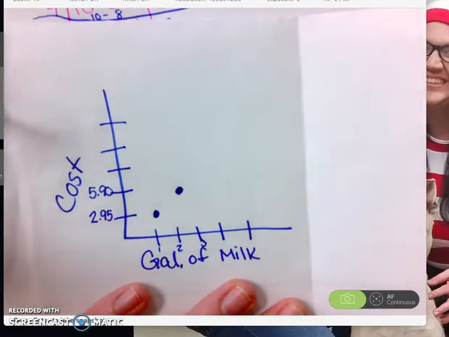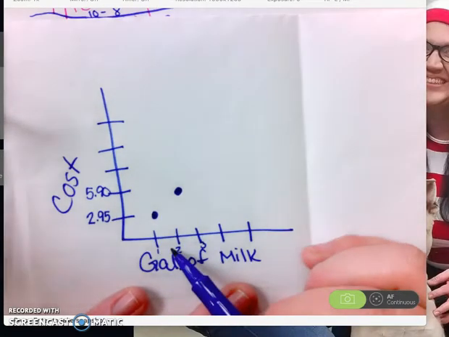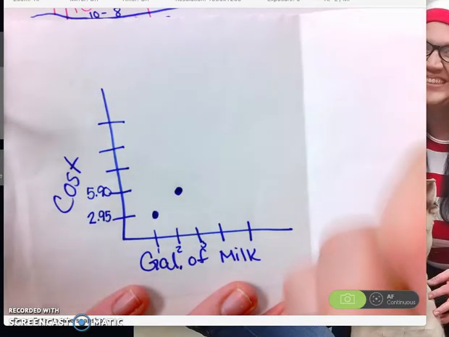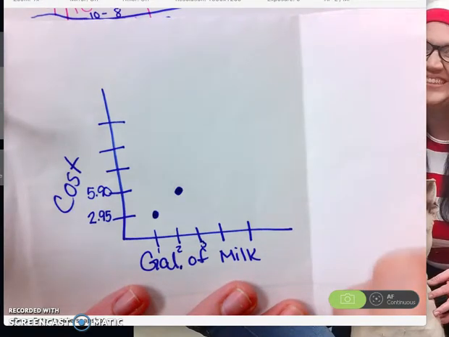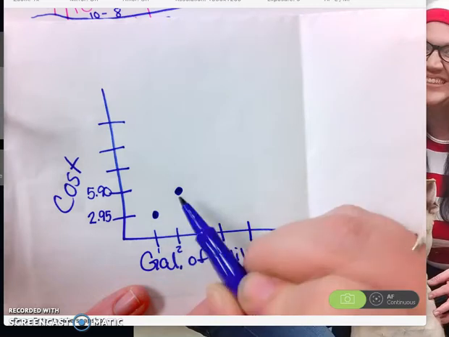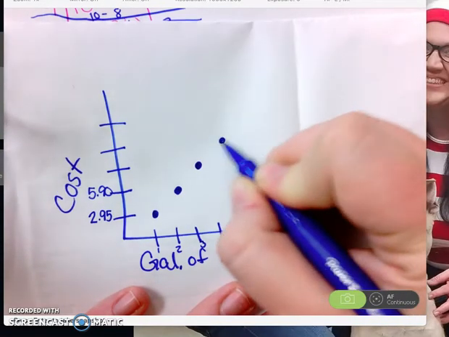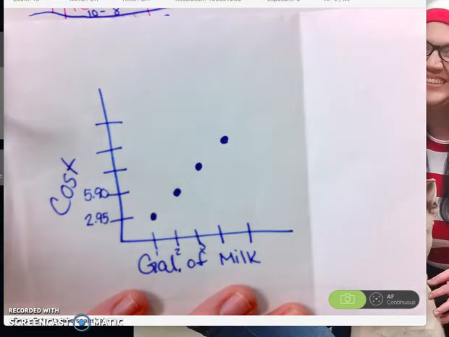But you're not going to be able to go in and buy a whole gallon of milk and cut it in half. Okay, so these are not going to be connected. They're just going to be points or ordered pairs on my graph.